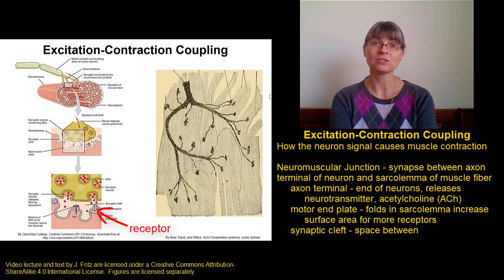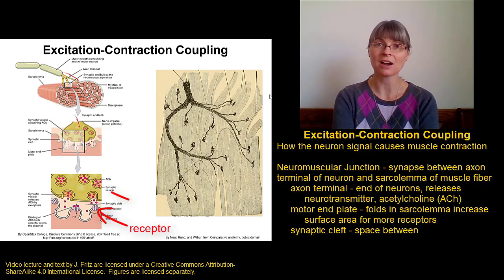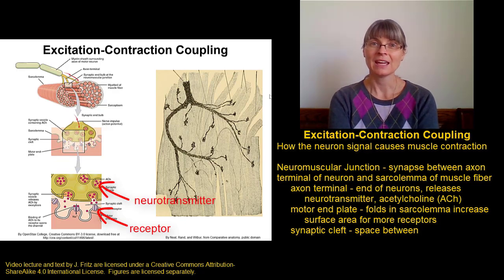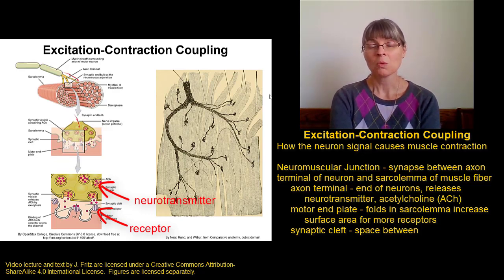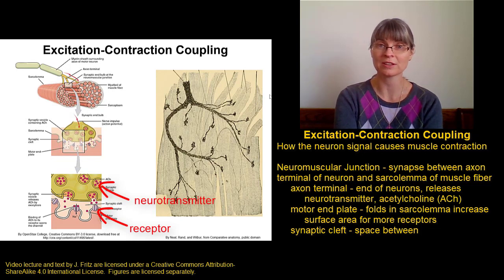If we go back to the neuron end of this connection, here's our axon terminal. And you can see a lot of vesicles inside the end of this axon. These vesicles contain the neurotransmitter. When a neuron fires or sends its signal, it releases neurotransmitters. So here's our neurotransmitter.